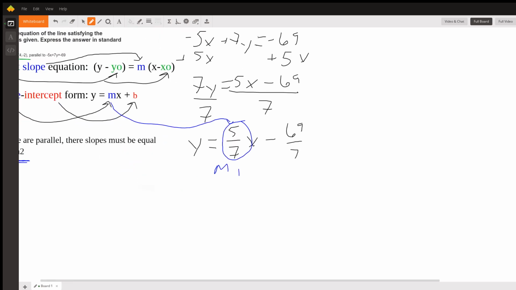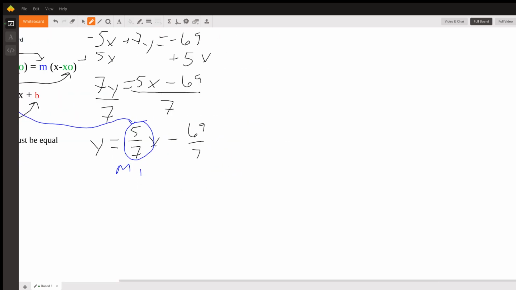So let's write this out. We're going to try to keep this all color-coded. So we're going to have y minus, and in this case, the ordered pair was 4, negative 2. So for the y, it's negative 2.